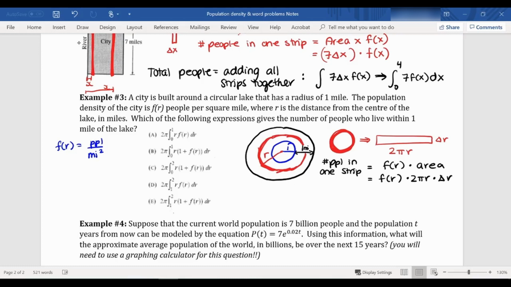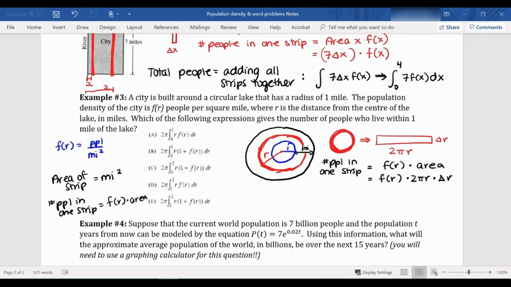That's because the area of a strip has units of miles squared. So to find the number of people in a strip, we take f of r times the area.